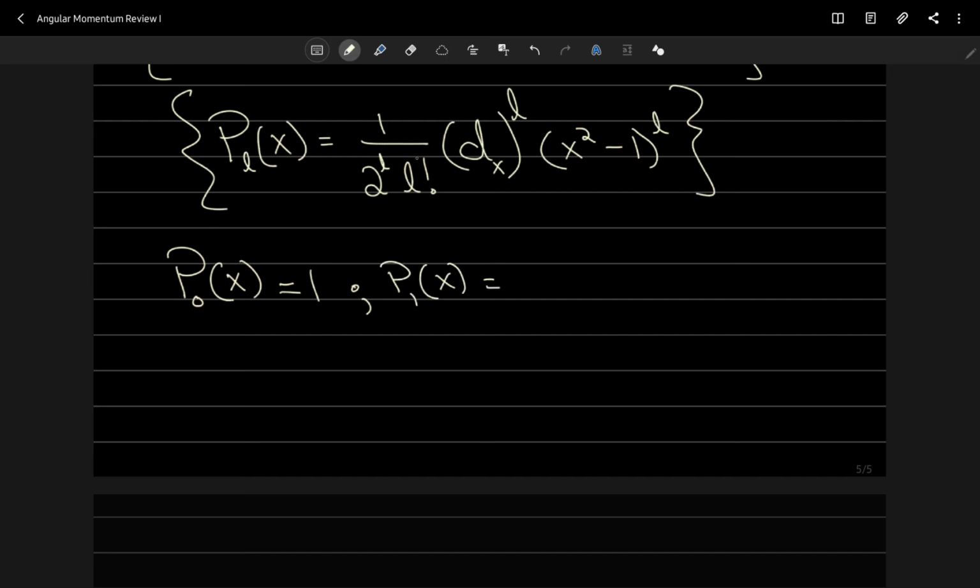All I have to do is substitute 1 for l, and once I do that, what I get is x. And likewise, you could calculate more. Let me write one more down: P_2(x), where l is 2, you get 1/2 times (3x squared minus 1). And you get so on.